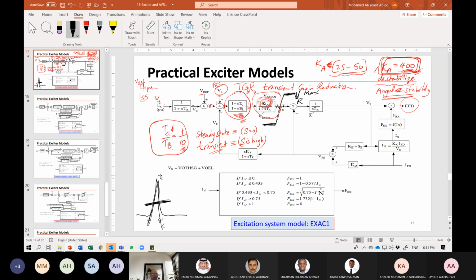So this is similar to an op-amp, for example. The op-amp has a limit of plus or minus 15 volts. Any voltage below this passes, but if the voltage exceeds this value, the output is 15 volts. So this is just for the safety of the equipment. Okay. You may also have EFD max and EFD minimum here.